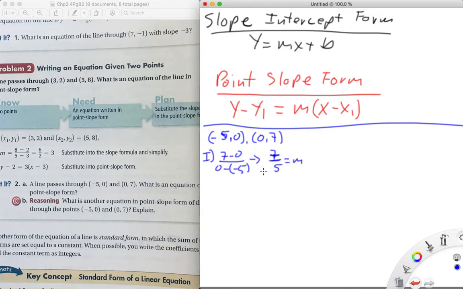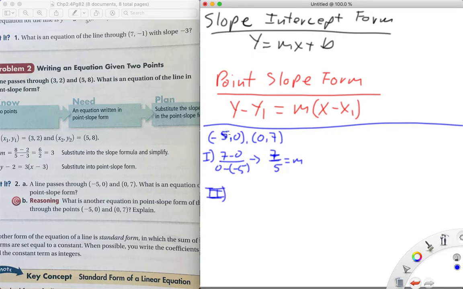All right, now that we have our slope, we can just put it in point slope form. It doesn't matter which point I use, so I can actually have two different looking point slope forms and have the same exact equation.